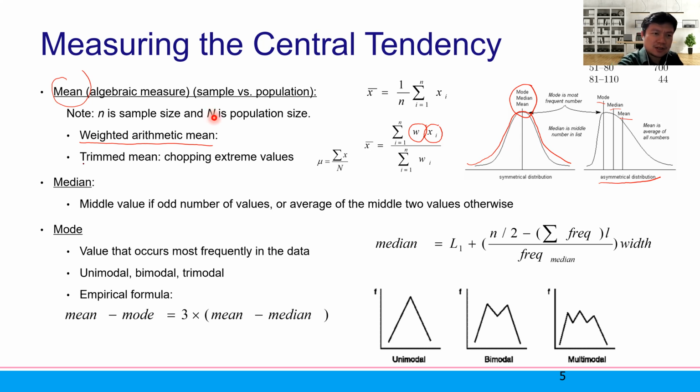Or there is the trimmed mean, chopping extreme values. It means you don't need to consider some outliers. Those outliers will be cut, and you just consider the data which is in the range.